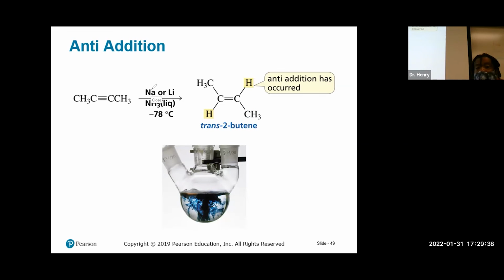If we use sodium or lithium metals and ammonia, or liquid ammonia, then we're going to end up with trans.